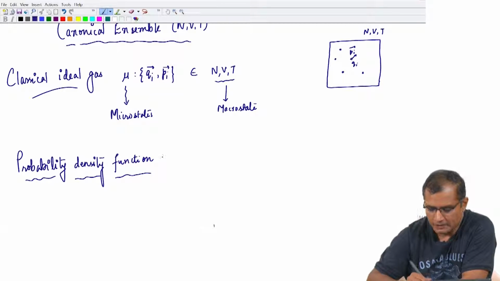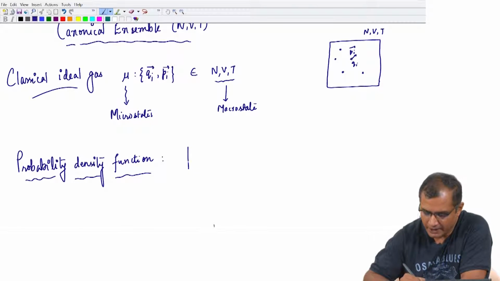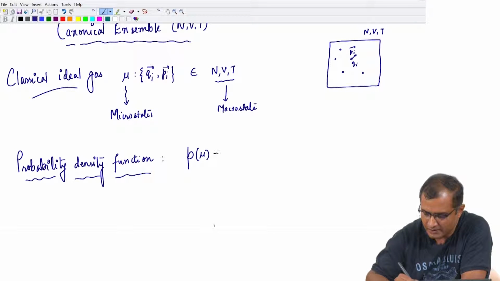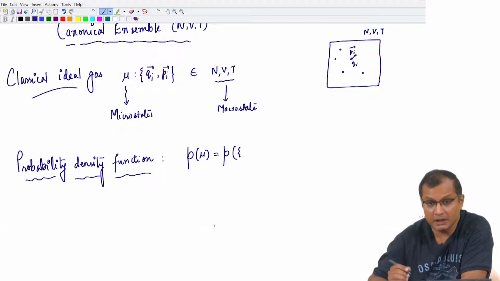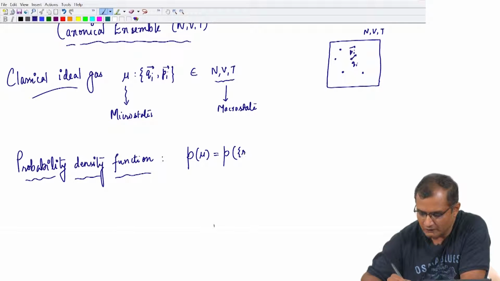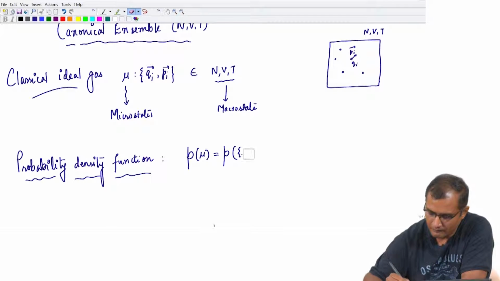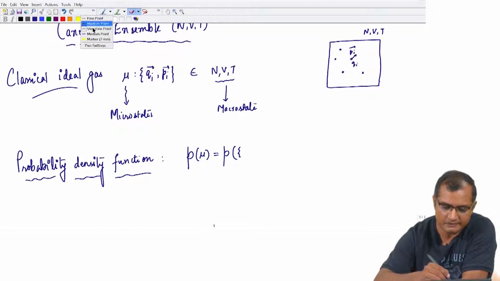So, I can define my PDF of a particular microstate, which means the microstate here is nothing but a particular set of values for momentum and positions, which keeps continuously changing.